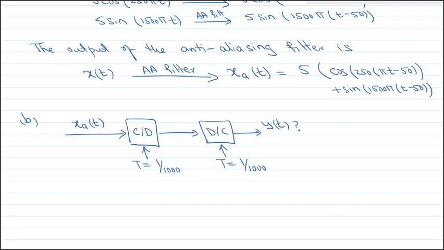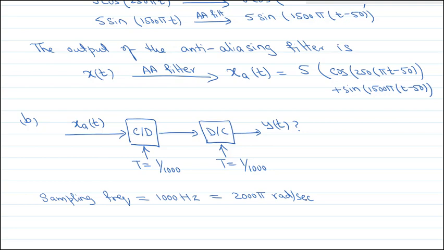Now, if I want to analyze that, remember that my sampling frequency equals 1000 hertz, which is equal to 2000 pi radians per second.